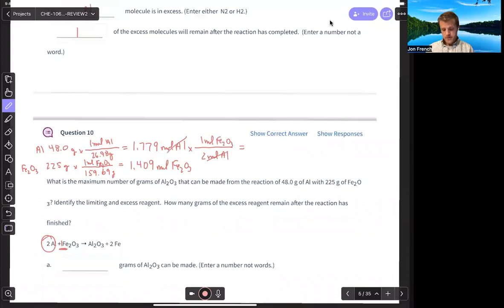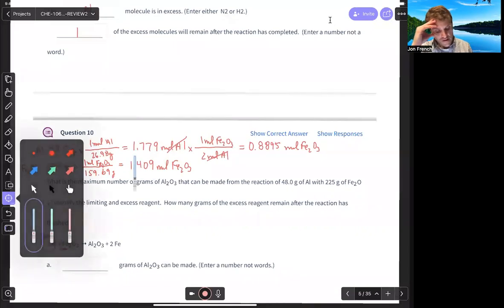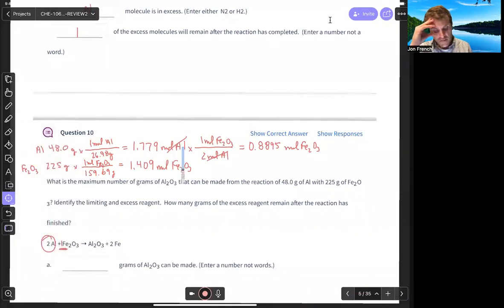So 1.779 divided by 2, I get 0.8895 moles of iron 3 oxide. This is important because now I found my limiting reagent. To consume all of the aluminum, I need 0.8895 moles of iron 3 oxide.